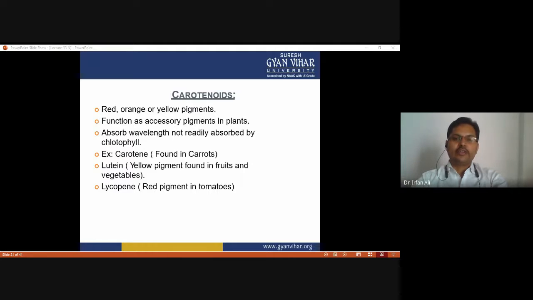For example, carotene is found in carrots, lutein is a yellow pigment found in fruits and vegetables, and lycopene is a red pigment found in tomatoes. All these are examples of carotenoids.